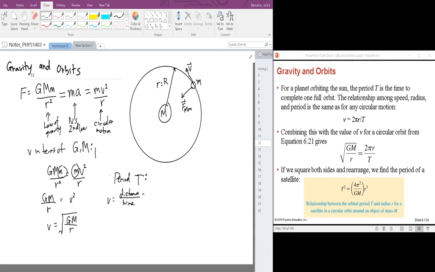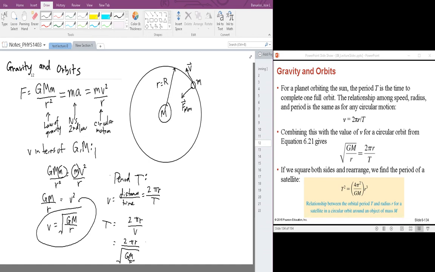In this case, we're talking about the circumference 2 pi r over the period, and we have our expression for v that we've just developed. So you can combine those terms, and you get T equal to 2 pi r over v, which is 2 pi r over the square root of GM over r.